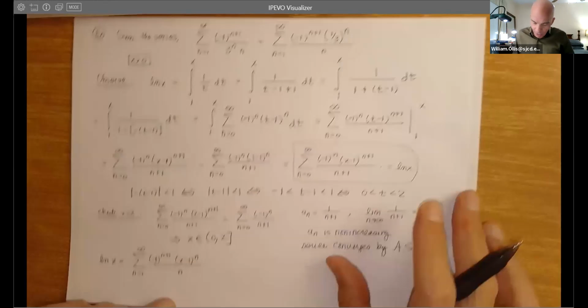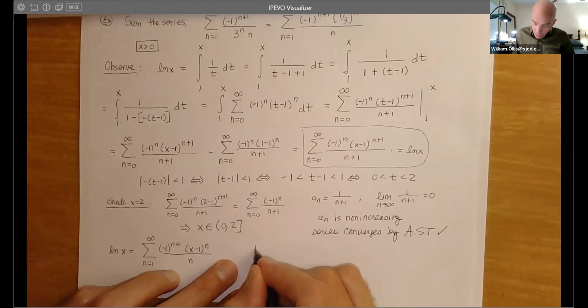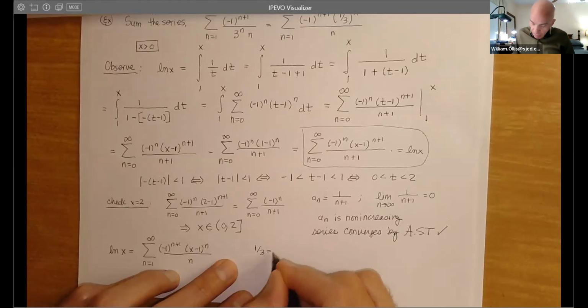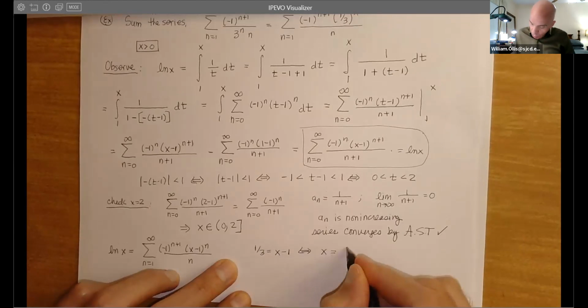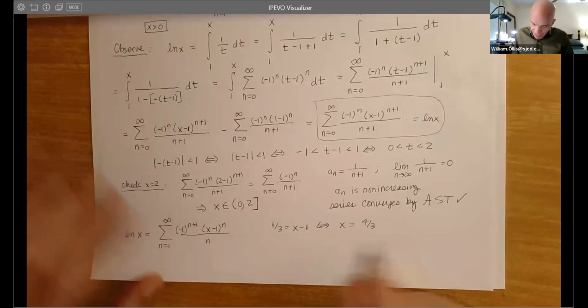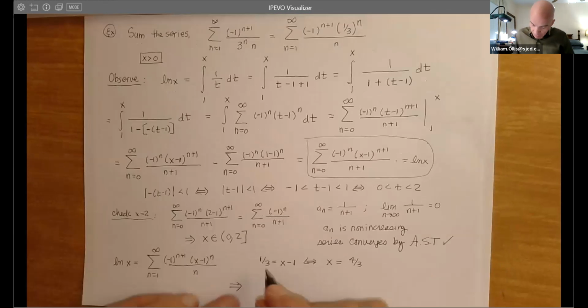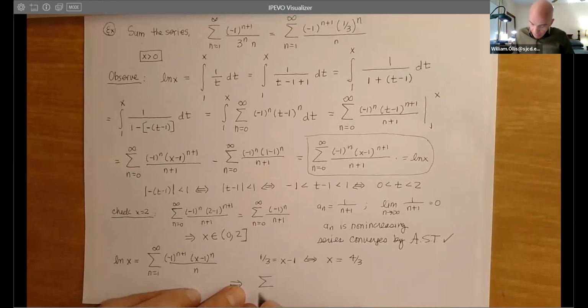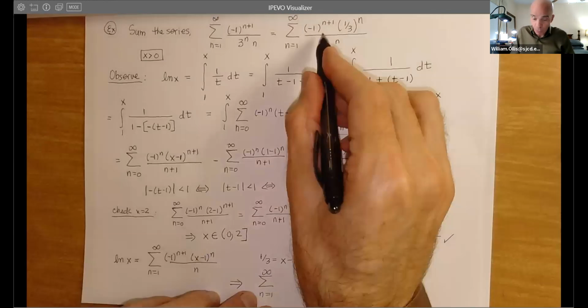So then we say, okay, we need 1/3 to equal x minus one. So add one, so x equals 1 plus 1/3, which is 4/3. This is so easy now that we have the series. So now n equals 1 to infinity here, and I wrote it in the user-friendly way to help you out.